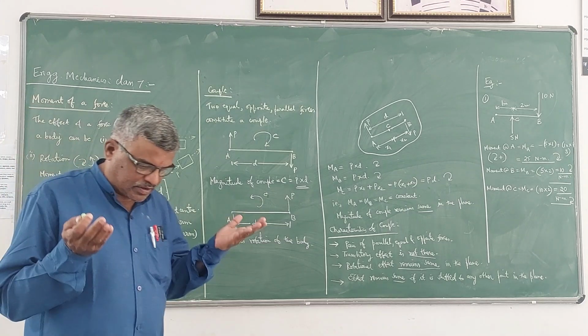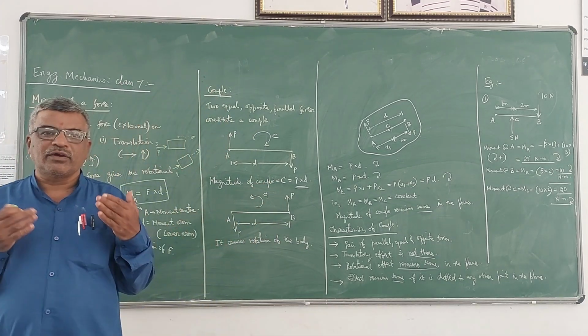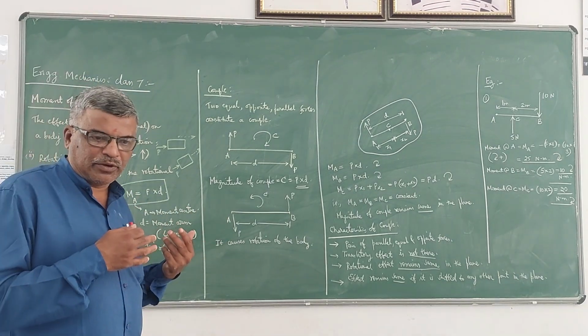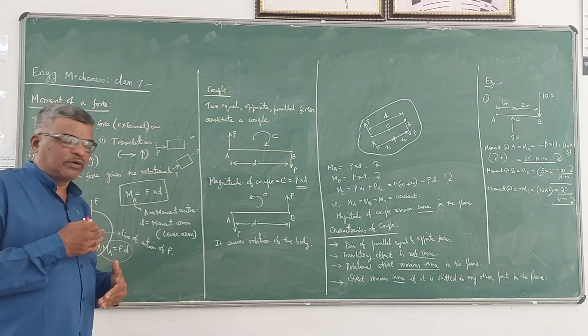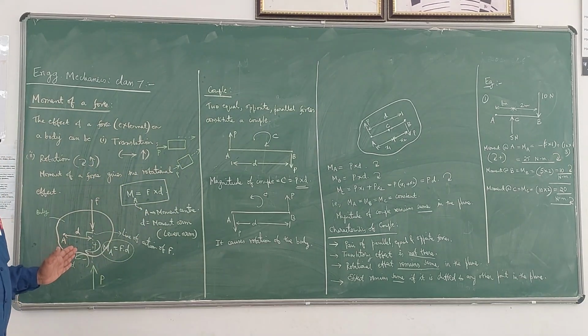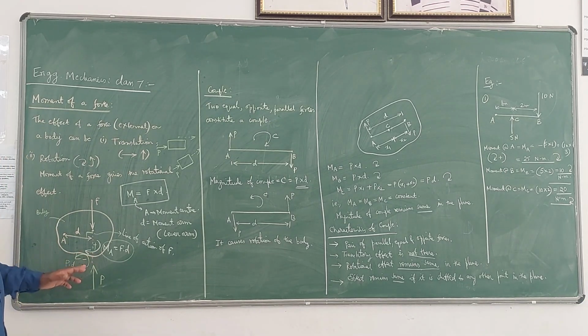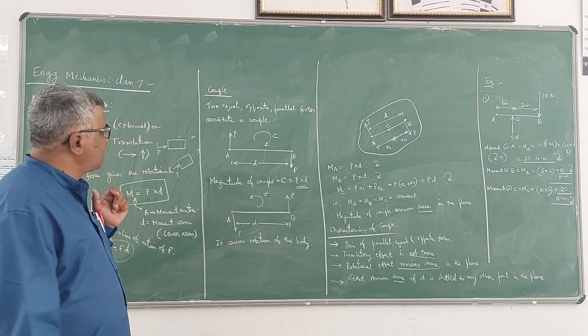Just like in the analysis of resultant problems, we take sigma Fx, forces acting towards right positive, left negative, and sigma Fy, forces acting upwards positive, downward negative. The convention for moment is clockwise positive, anti-clockwise negative. So that is called the moment of a force.